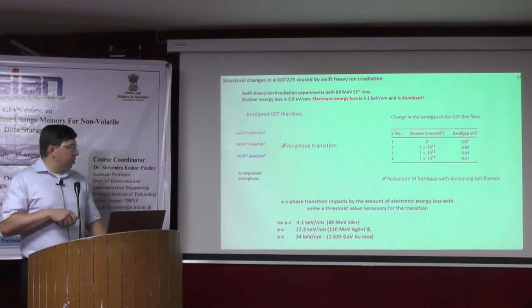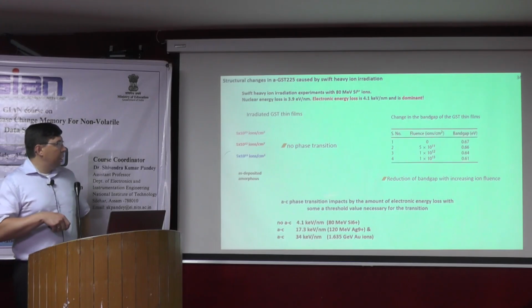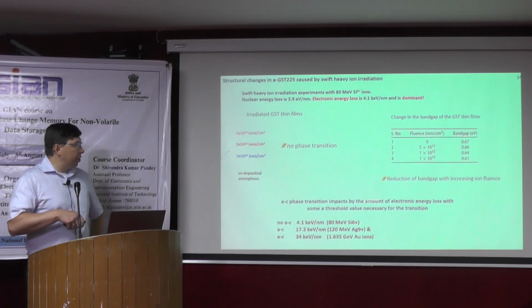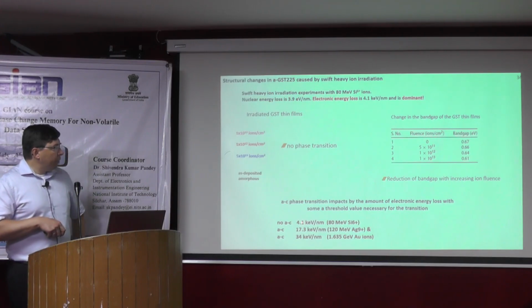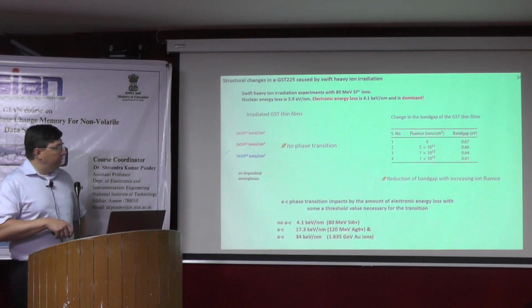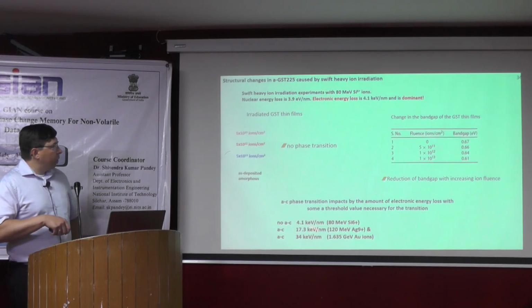They also drew some conclusions for this swift ion irradiation with high energetic ions. We irradiated at different energies, from GeV to MeV, and in all cases we observed electronic energy losses.